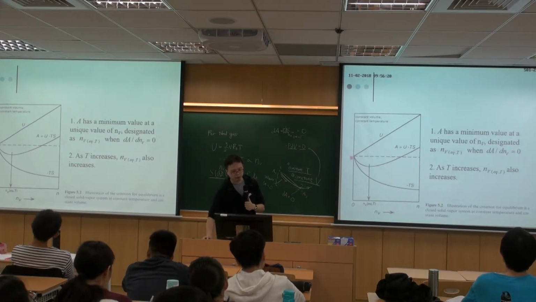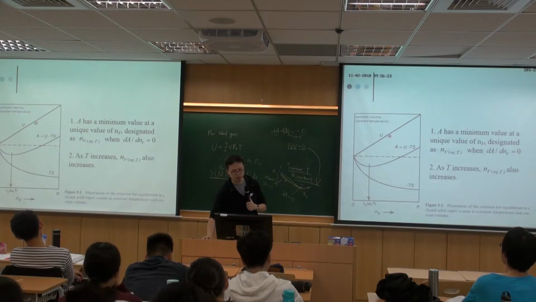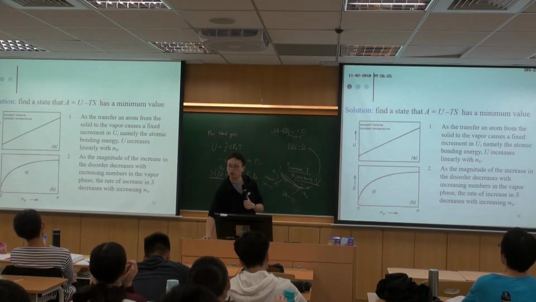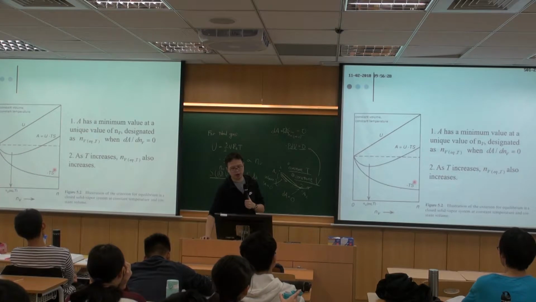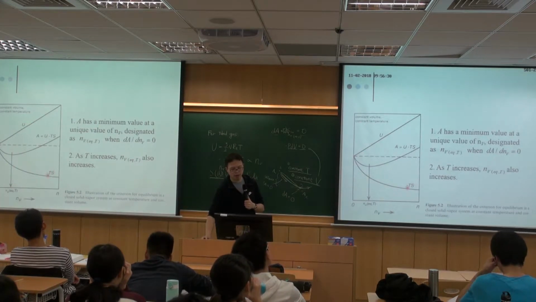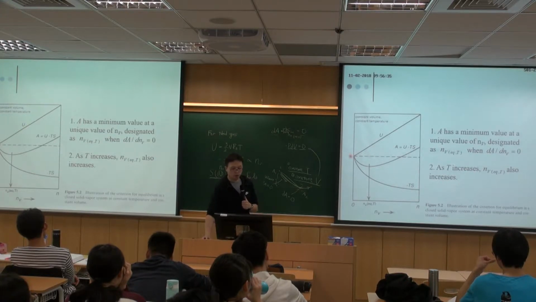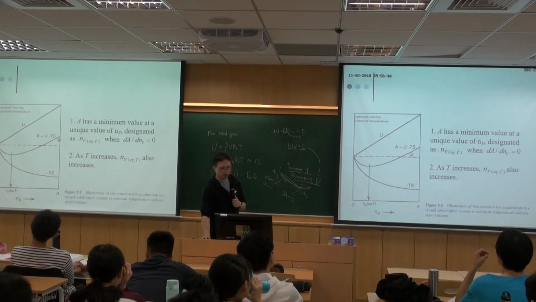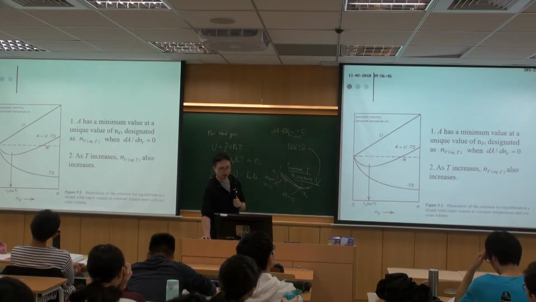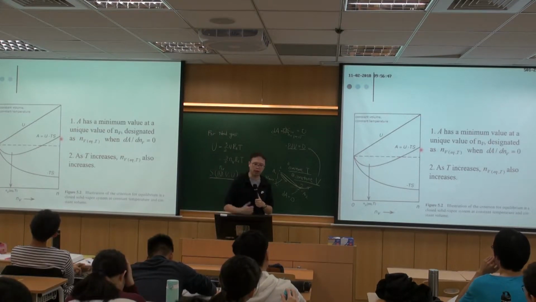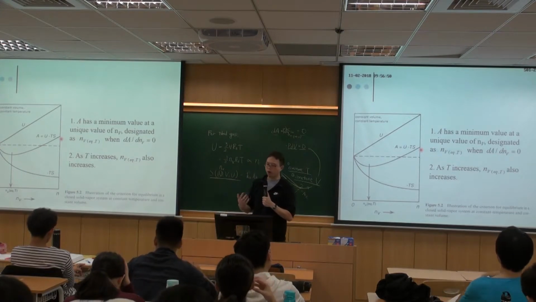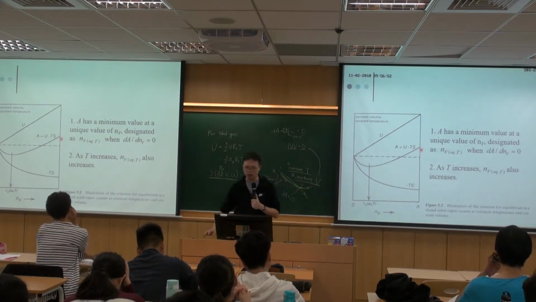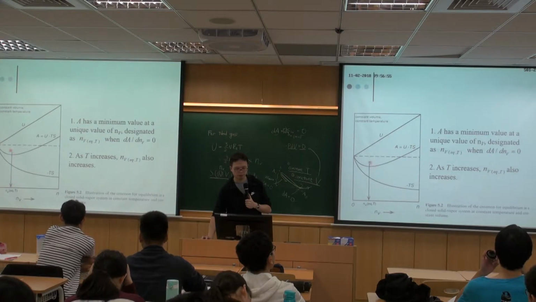The trend has been flipped. Originally, the entropy is going upward, right? But now, since you're having a negative sign, minus T, in front of it, it's going down. And of course, the internal energy is still going upwards. Therefore, the Helmholtz free energy, A, is going downward at the beginning, and then it will go up. So as a function of the number of particles in the vapor phase, you'll see that there's a minimum over here.